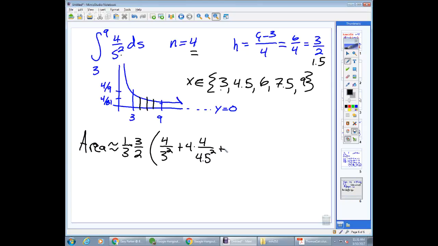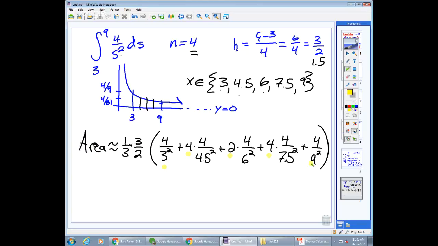Then the collapsed version of Simpson's rule says take 2 times the next value because it appears twice, so 2 times 4 over 6 squared. Then go back to 4 times 4 over 7.5 squared. The last one only gets used once, so that's just 4 over 9 squared. That's Simpson's rule. Remember, it always alternates: the first one is used once, then 4, 2, 4, and it always ends with 4, then 1, because of the way the parabolas line up.